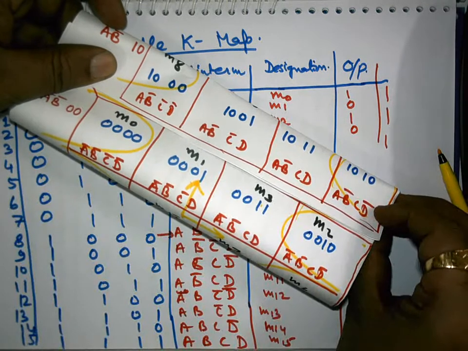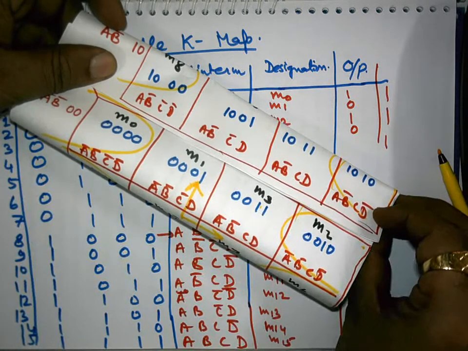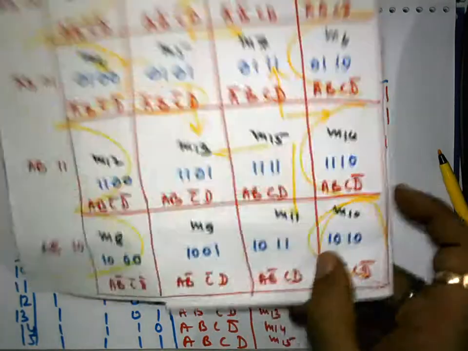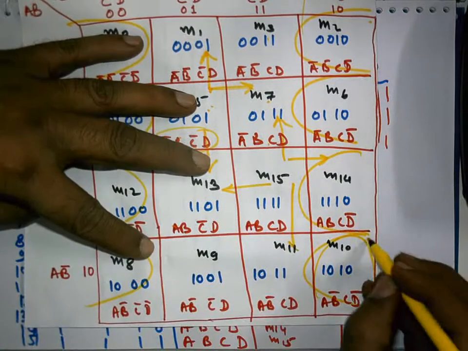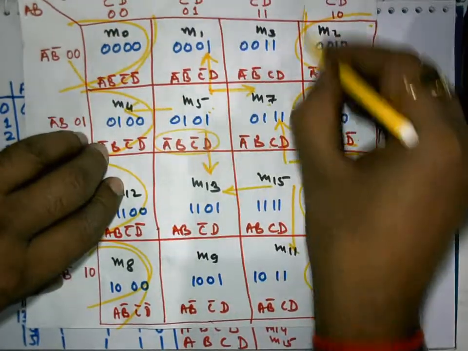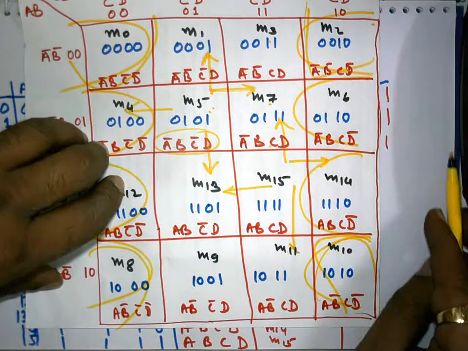This you should imagine in your mind. I am physically folding this map like this, but you should never attempt it in your examination answer book. You have to do each and every simulation in your mind. And not only this, you see, these M10, M8, M0 and M2 are neighbors of each other.